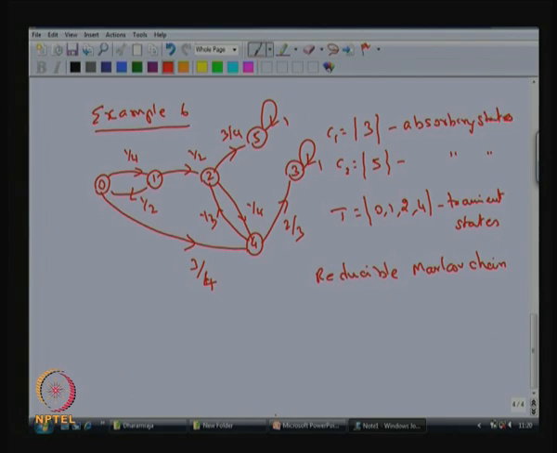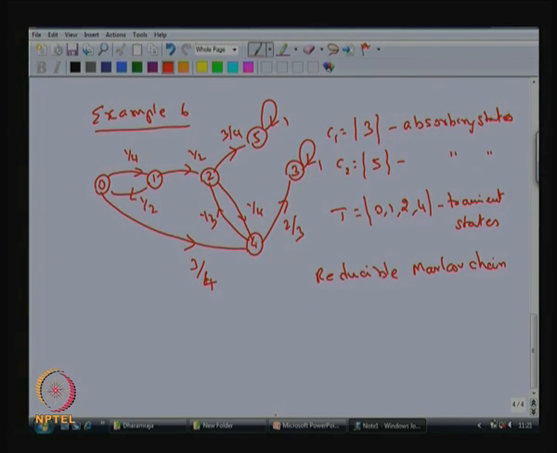Suppose the system starts from 0 or 1. Either the system can go to state 2 via arc 1 to 2, or state 4 via 0 to 4.